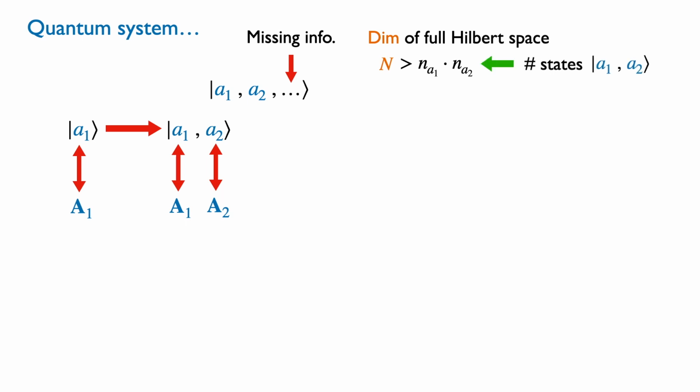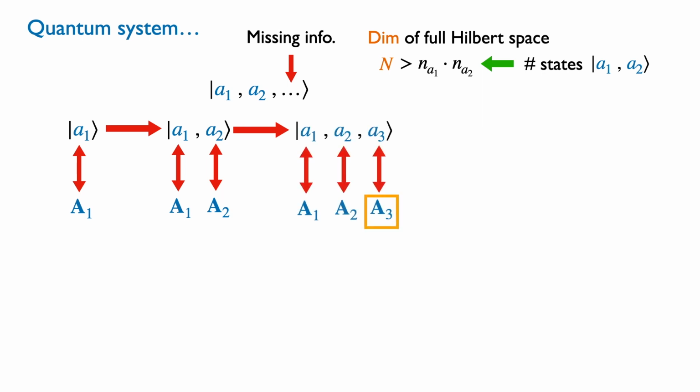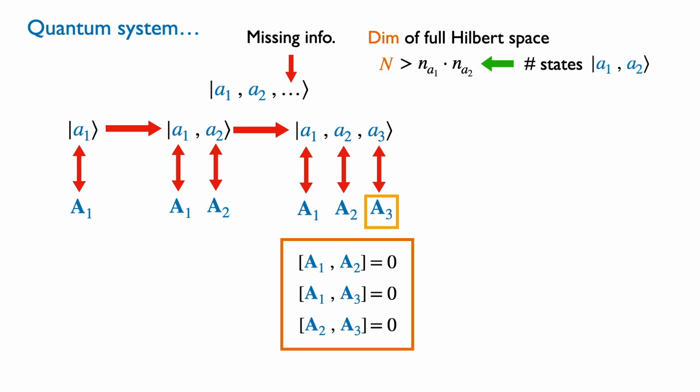Then we will need another variable to break the degeneracy of these two variables, thus A3 is introduced. Again, this Hermitian operator A3 would have to commute with the previous two operators for a state to be simultaneously the eigenstates of all three operators.